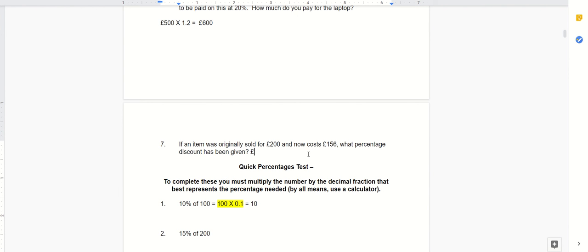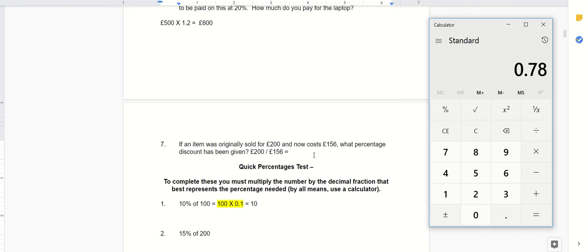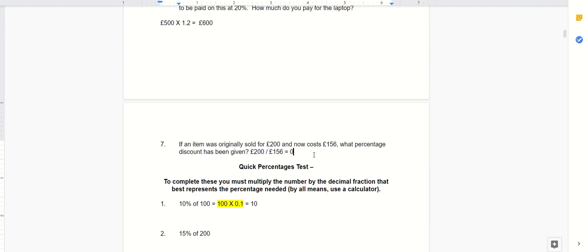So we'll write that out. 156 divided by 200, I haven't got a divide sign here, so I'm going to just do the forward slash on the computer. 156 divided by 200 equals 0.78. We need a separate calculation then, right?